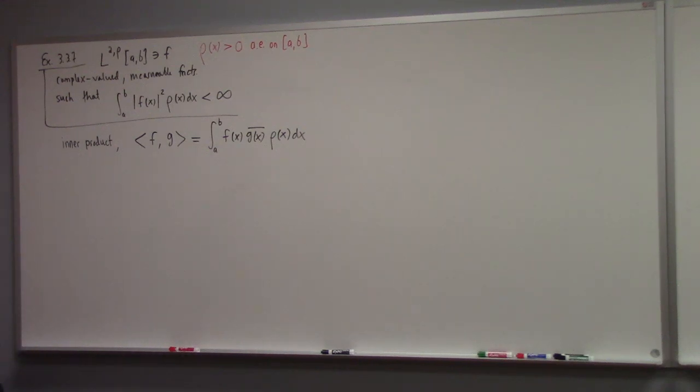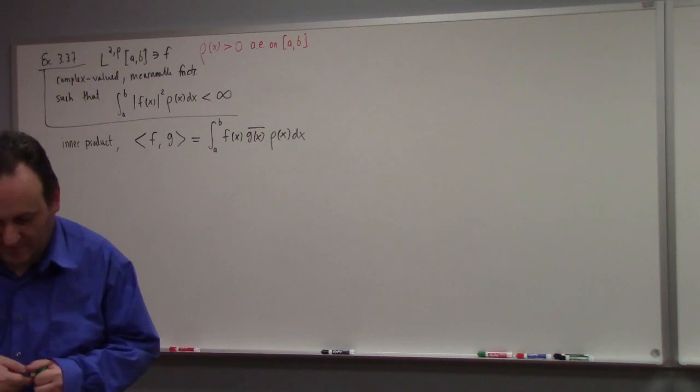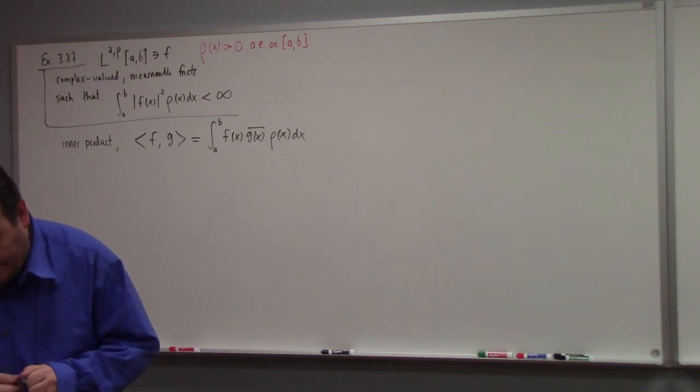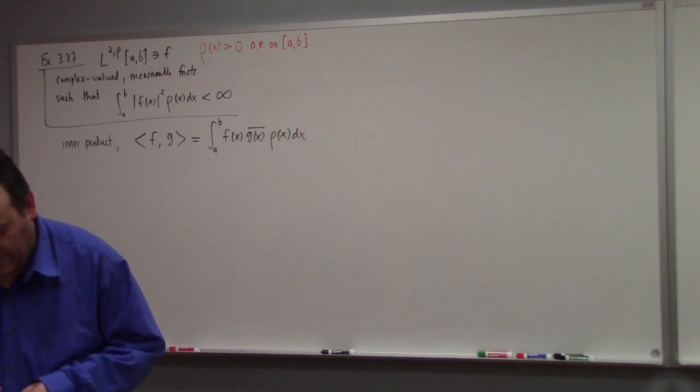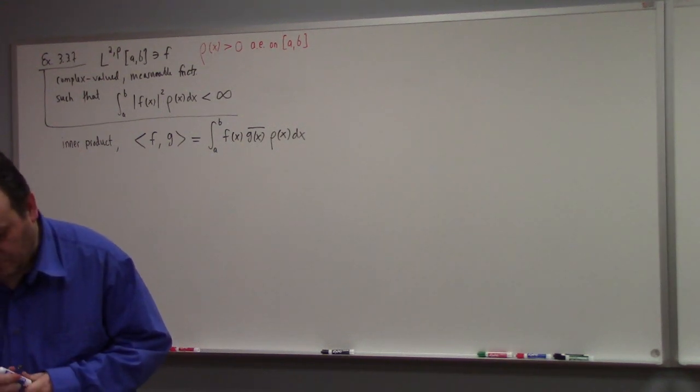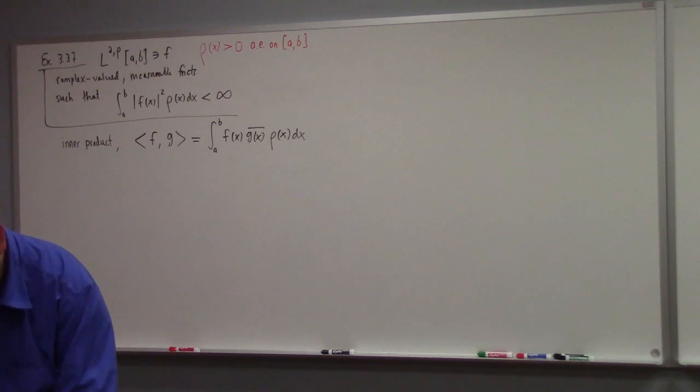Which, remember, as I keep forgetting to point out, we're not working with functions, we're working with equivalence classes. Technically, we're working with equivalence classes of functions, up to the equivalence being the almost everywhere concept. Anyway, enough about that.